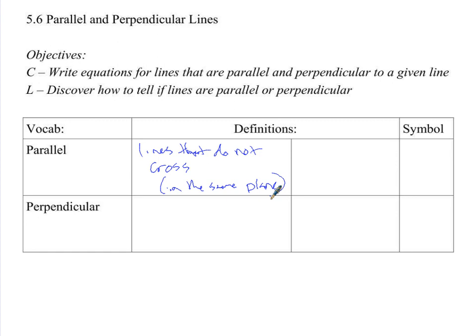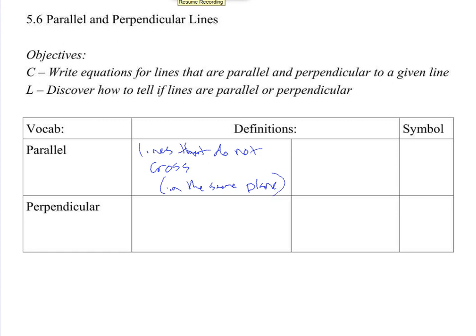The wall is the plane, and the lines are the parallel lines we're talking about. But in a room, you don't necessarily have lines in the same plane, because I could be talking about one wall and another wall, and then the line formed by one wall and the floor, and the line formed by the other wall and the ceiling. Those lines aren't going to touch, and they're also not parallel.